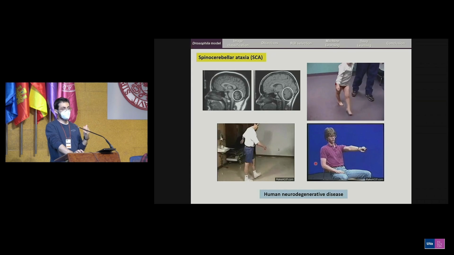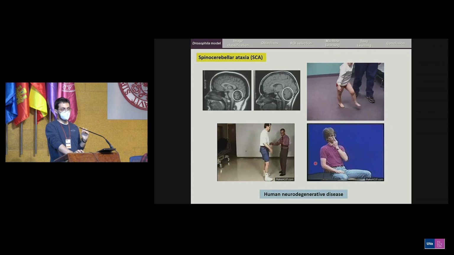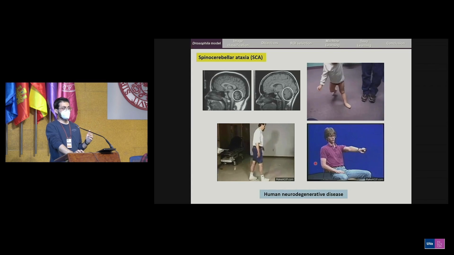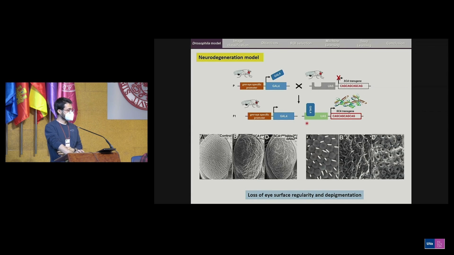So the symptoms get worse with age. And we can use fruit fly to study if there is any way to find out new treatments to this disease. So one thing we can do is to create transgenic lines of fruit fly which are overexpressing particular genes which are known to be behind this neurodegenerative disease.